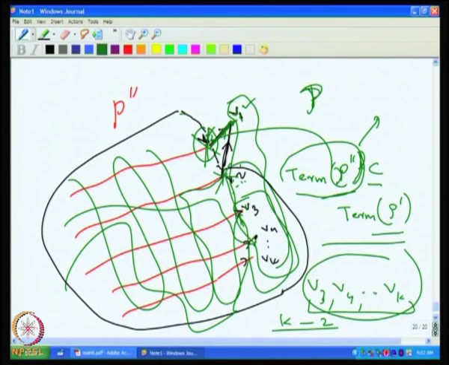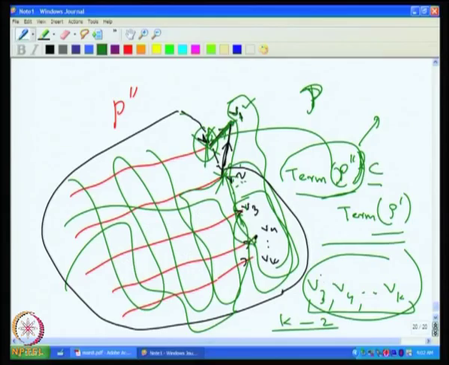So, now we get a new path cover for the original graph, where the terminal vertices are this up to this plus V1. This is definitely a subset of the original terminal set V1, V2, V3, V4, V2 is missing there, maybe something else also is missing. So, it is indeed a subset.